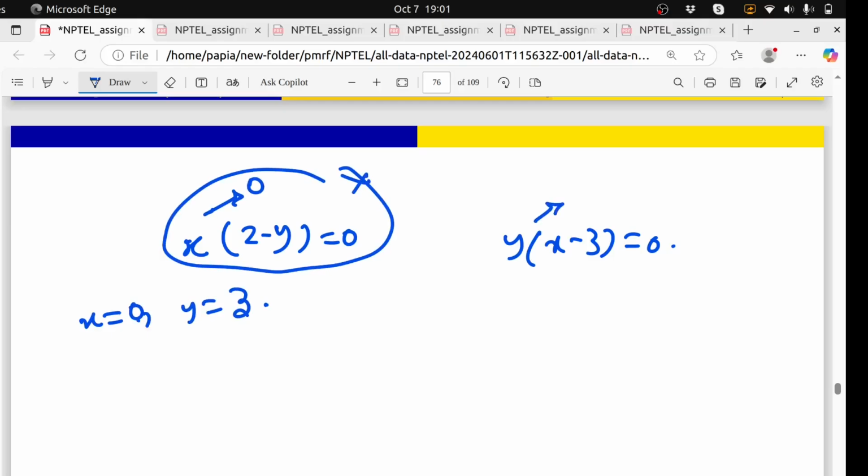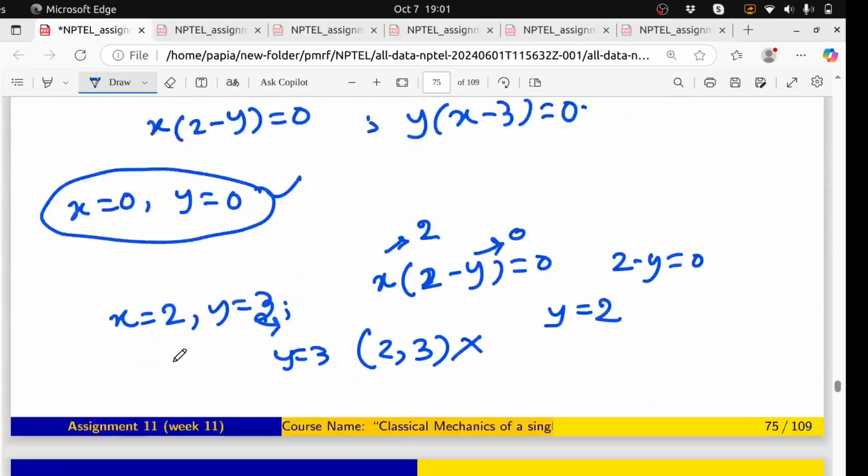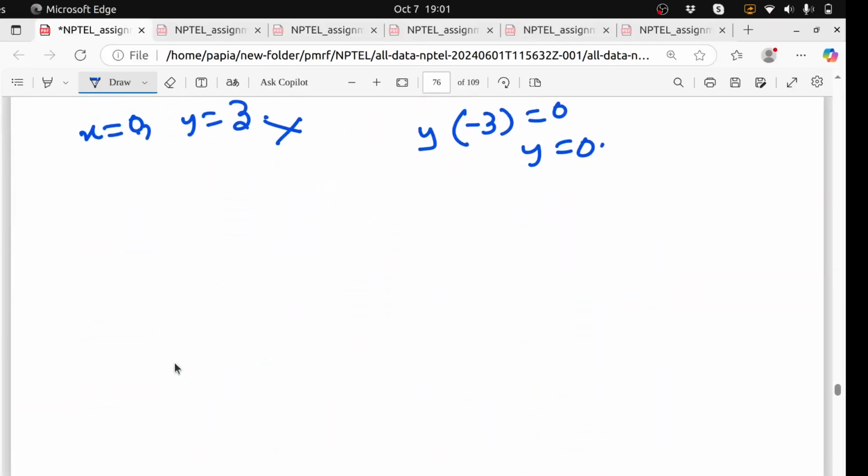Now coming here, if x equals 0, then y times minus 3 equals 0. So y should be 0. So this is also not correct. If this one is not correct, then we are not going to look at this option. For (2, 3) we have already seen that it is not correct. Then (0, 0) and (3, 2). Okay, fine, (0, 0) is fine, but (3, 2).